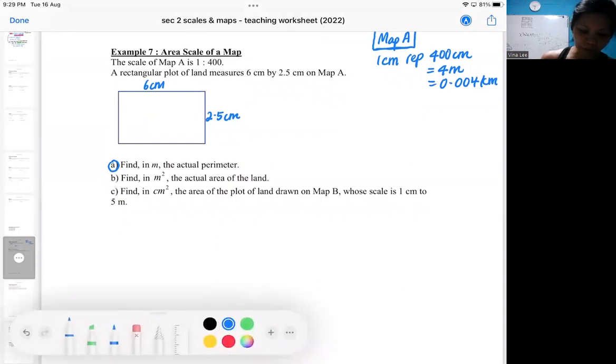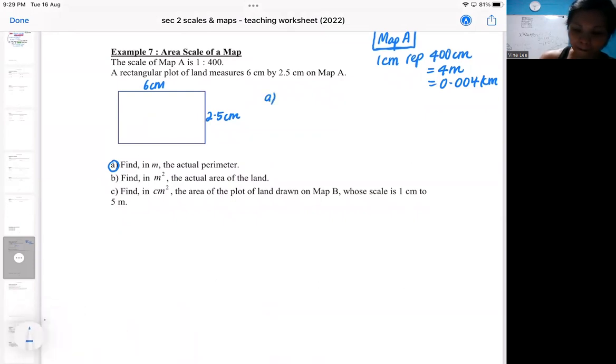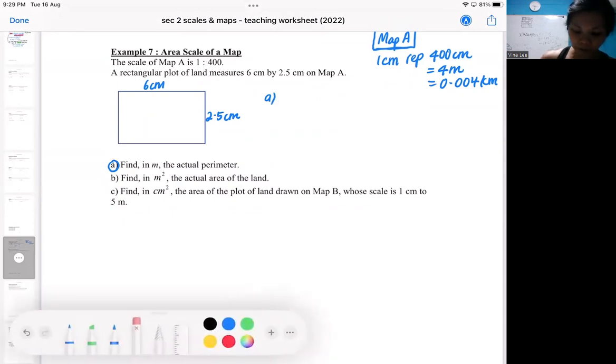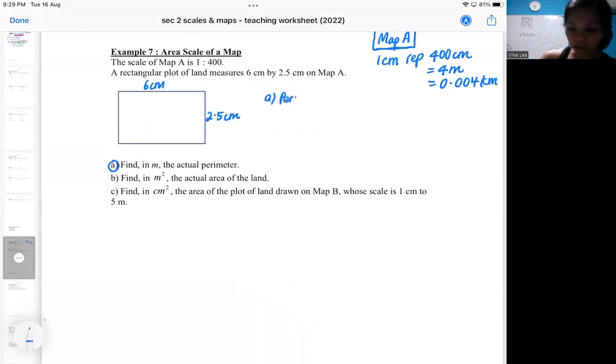To me, it will be so much easier if I find the map perimeter. That means I want to find out the perimeter of the rectangle on the map. So it will be 6 plus 6 plus 2.5 plus 2.5. That is 17 centimeter.